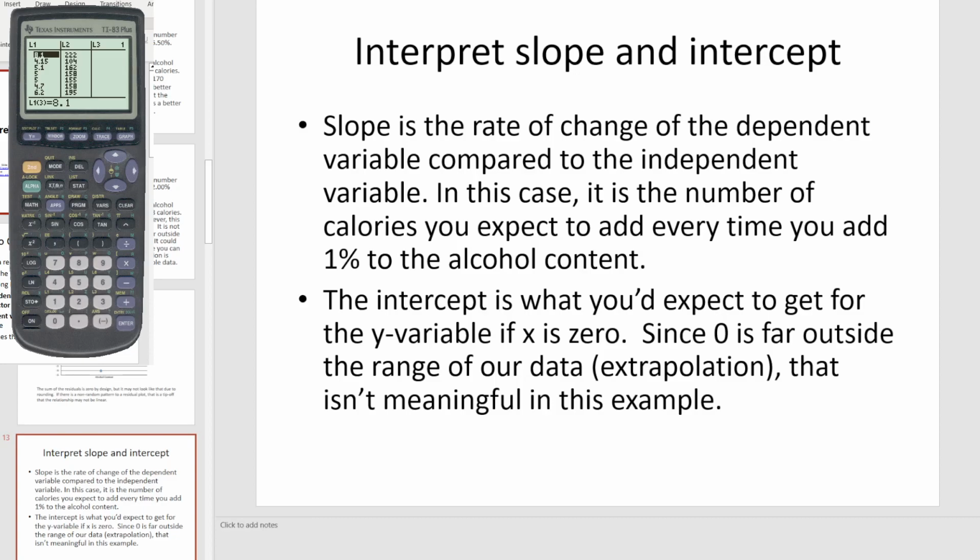The intercept is what you'd expect to get for the y variable if x is 0. 0 is far outside of the range of our data, which would be extrapolation. So that isn't going to be meaningful in this example.